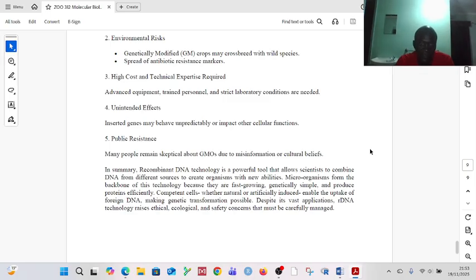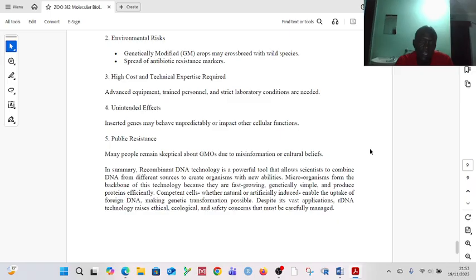Mostly, the skeptical nature of most people about GMOs is largely due to either they are misinformed, their cultural beliefs, or religious beliefs. Okay, you have had some churches come out very strongly warning their congregants not to take up GMO.